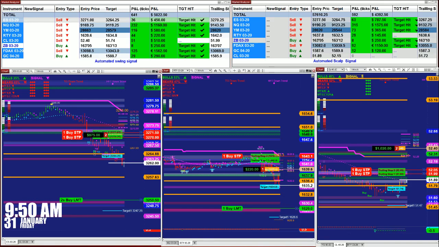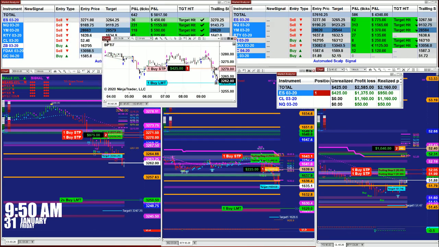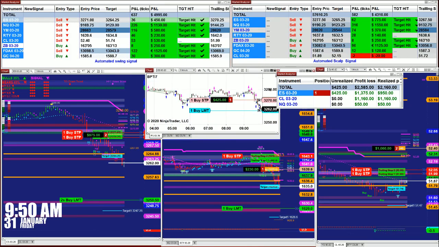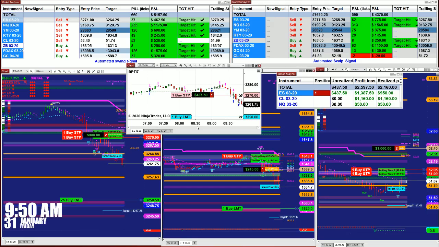Look, this one is about to close. I don't know if I can do this on a fully automated trade. Let me see if we can expand it a little bit. I don't touch the fully automated trade, but out of curiosity, I want to see if I can extend the target on that trade here.